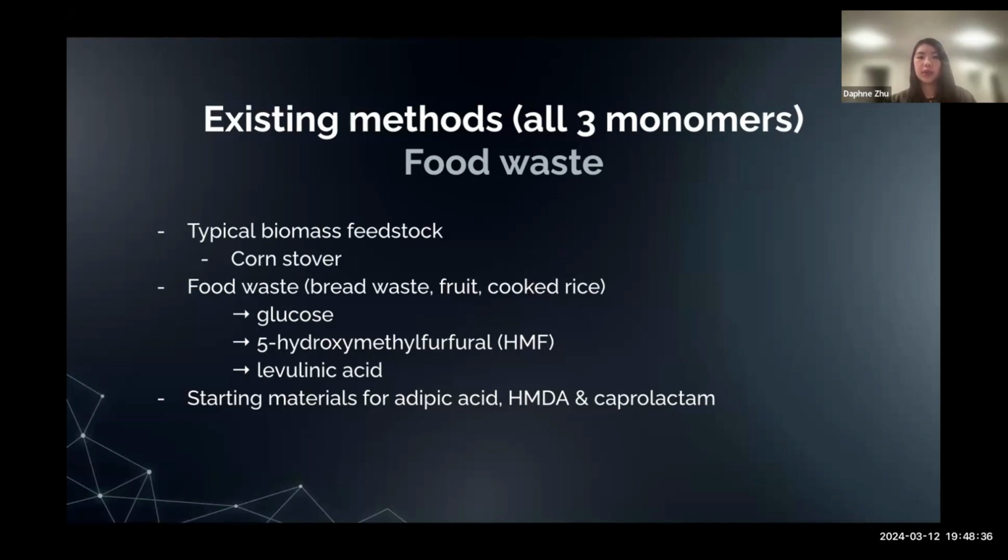Or you can take it from food waste, like bread, fruit, vegetables, rice, etc. Some key substances are glucose, HMF, and levulinic acid. And these three can all be converted to adipic acid, HMDA, and caprolactam.